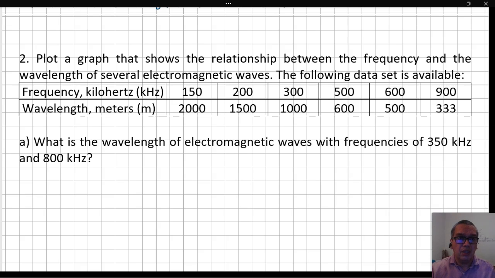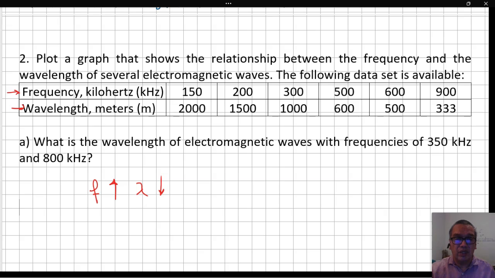The frequency is measured in kilohertz, just like radio frequencies, and the wavelength is measured in meters. One noticeable thing here is that, unlike in the first example, in this case, as the frequency increases, the wavelength, which we use this weird symbol for, it's called lambda, actually decreases.